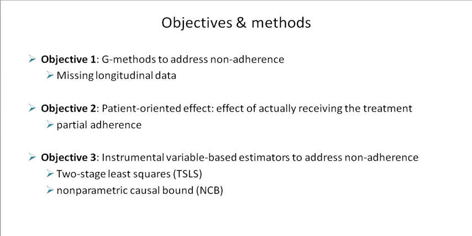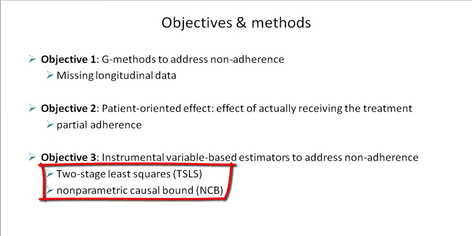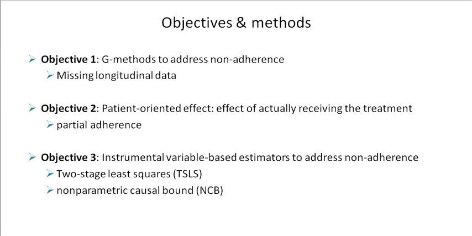For example, one such approach is the non-parametric causal bound approach. There is no comprehensive methodological comparison or simulation conducted in the literature to systematically compare and contrast these methods. In Objective 3, we propose to compare these methods under different realistic settings and identify scenarios in which they are more appropriate to use.